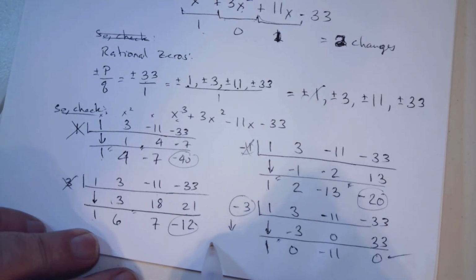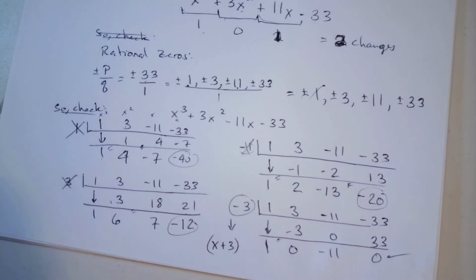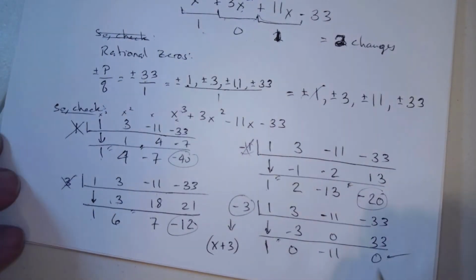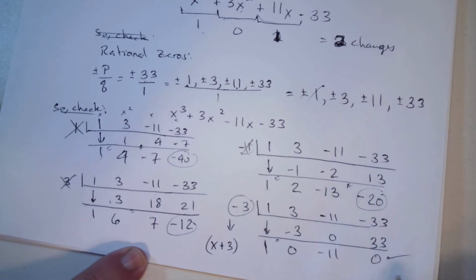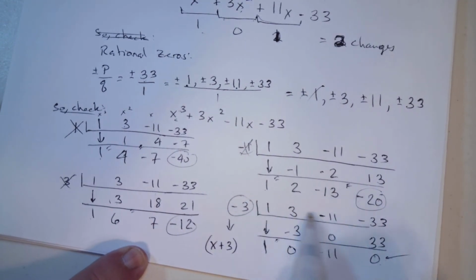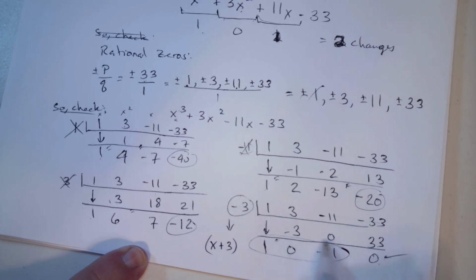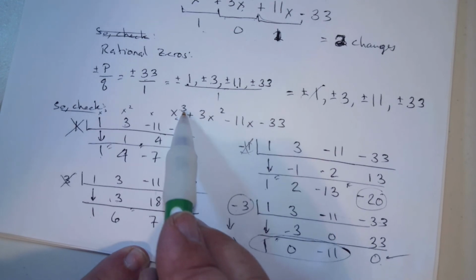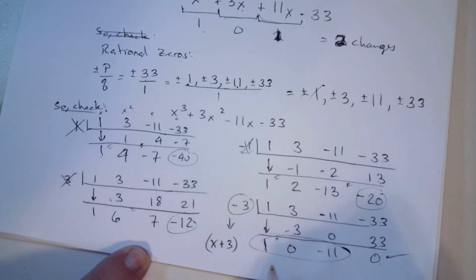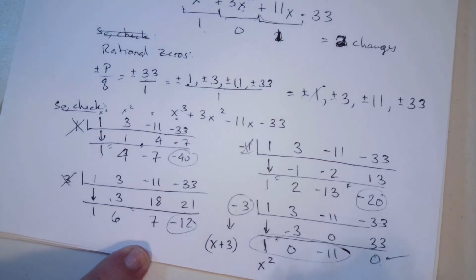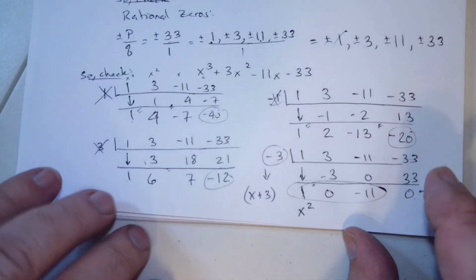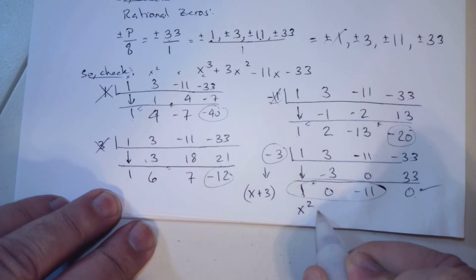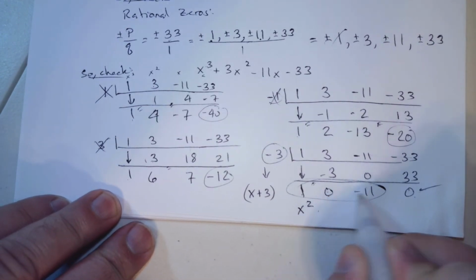Since negative 3 is a solution, that means x plus 3 is a factor. Since we found a 0, we don't have to use this one anymore. We now use this polynomial. Since the first term was x cubed, this one is x squared. That's the x, and that's a constant.